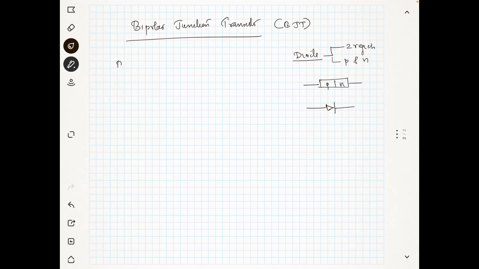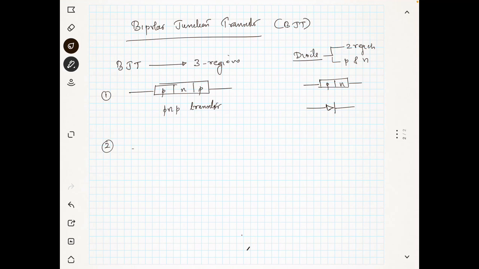But a BJT, bipolar junction transistor, has three regions. One of the possible cases is you can have a P type semiconductor here, N type here, and a P type again here. This kind of transistor is known as a PNP transistor. These are all BJTs.